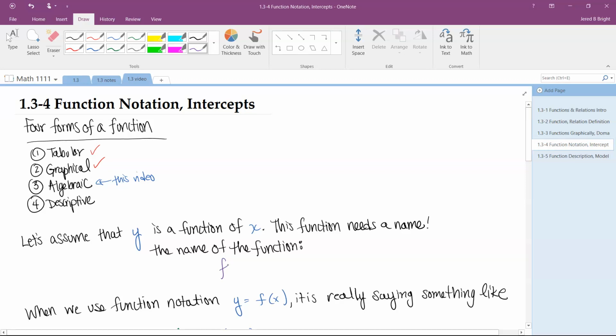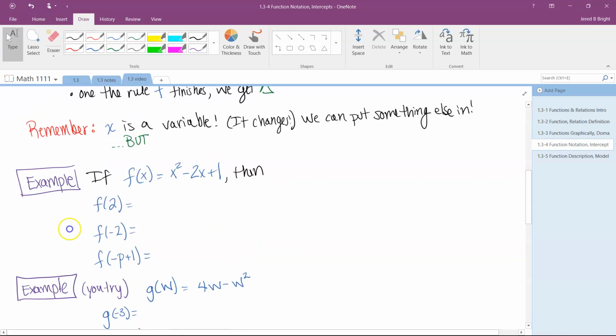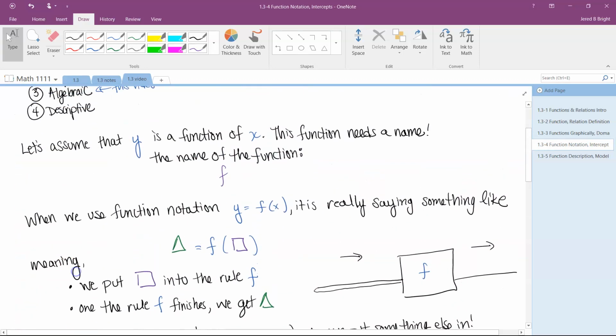When we use this notation, in my experience, students get hung up on x and y, so I like to use symbols instead. You have square, and you have to put square into rule f. Imagine you have this little conveyor belt, this little machine.